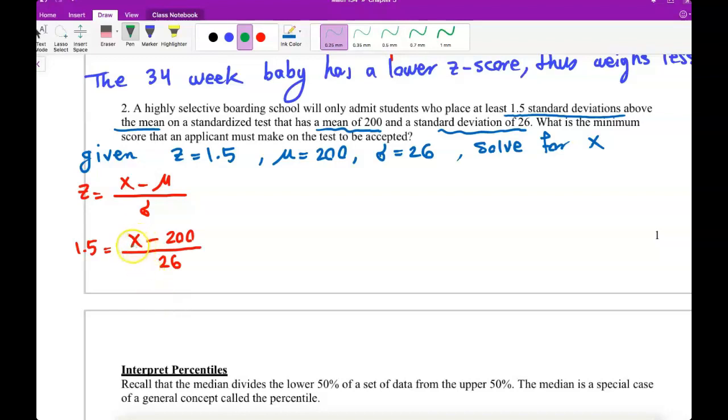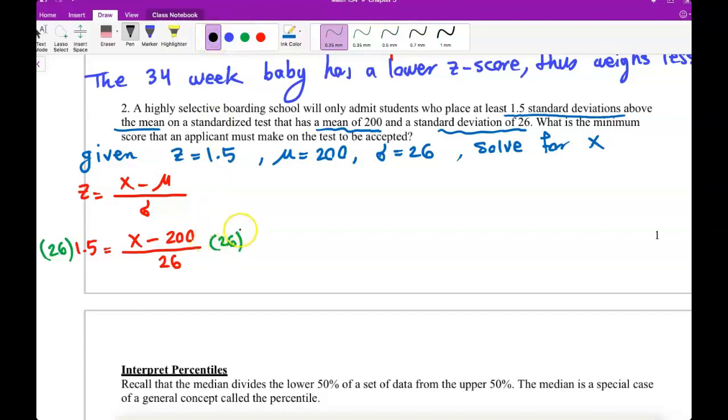Now solving for x, you can use cross products, or you can multiply both sides by 26 to clear this fraction. Let's multiply by 26.